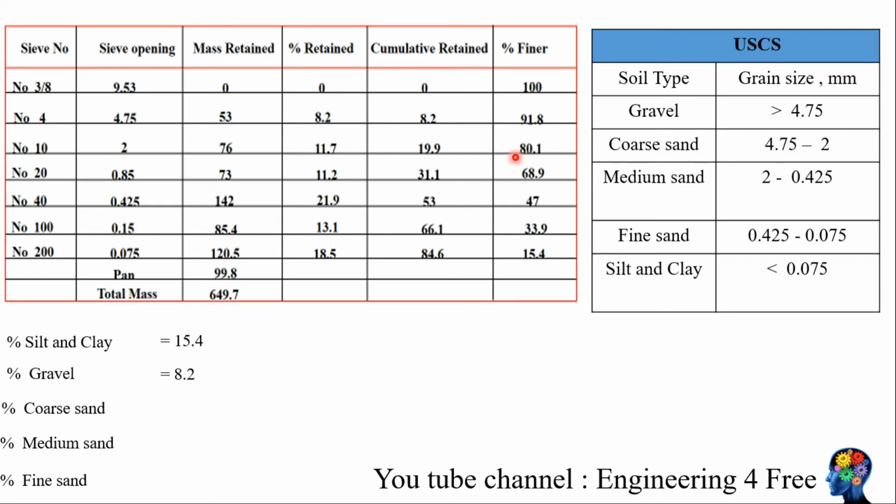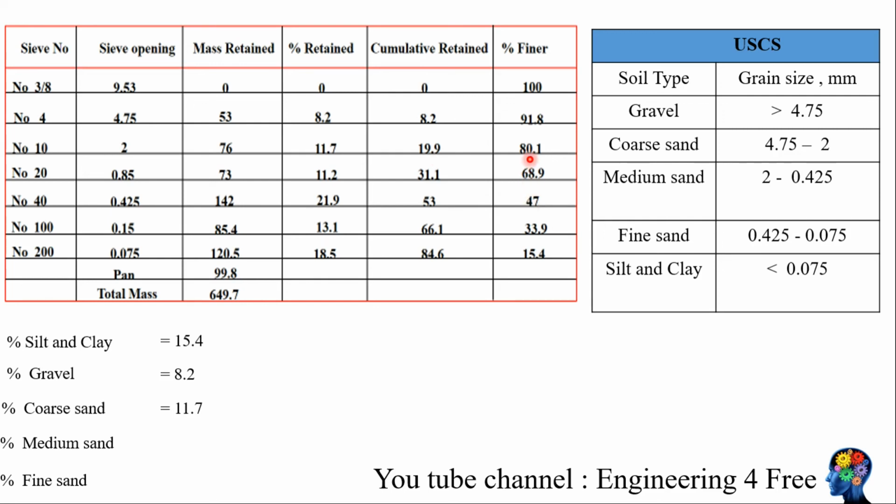Medium sand is from 2 down to 0.425. So you have 2 and you have 0.425. So subtract 19.9 from 53, or you can subtract 47 from 80.1, and you will obtain 33.1.